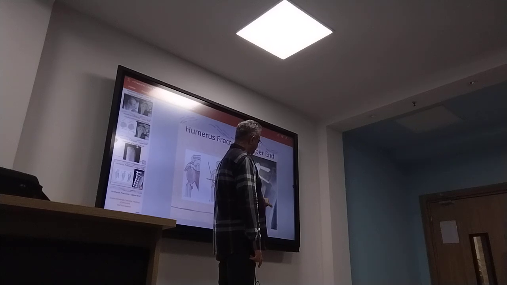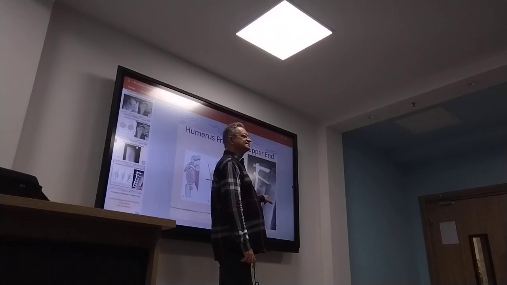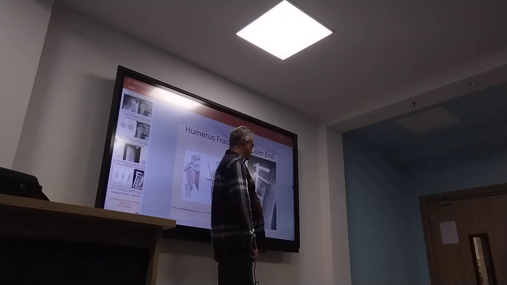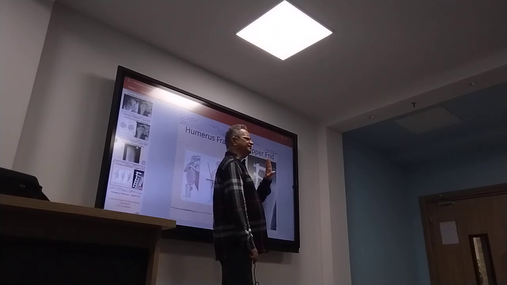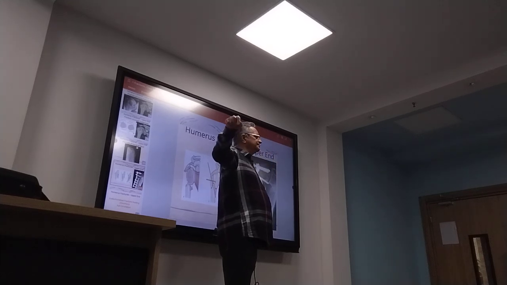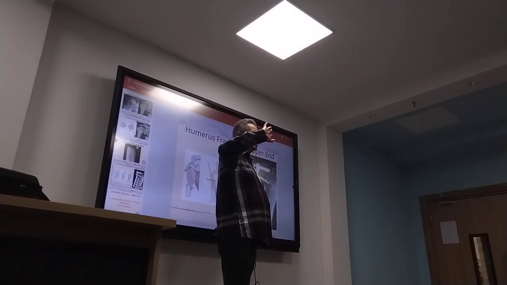If the bone is 1 centimeter, 10 millimeter, and each screw is 2 millimeter, you can use at most 5 screws, right? 5 multiplied by 2 is 10 millimeter, equal to 1 centimeter.